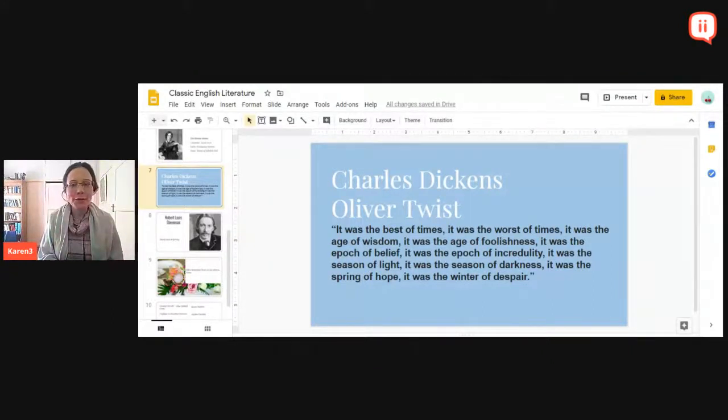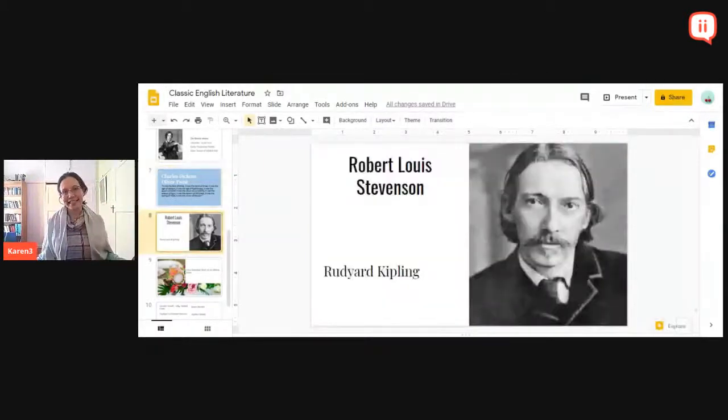Okay, then who knows Robert Louis Stevenson? I'm just trying to go in time order as much as possible. It's also about the same time. And he wrote what?